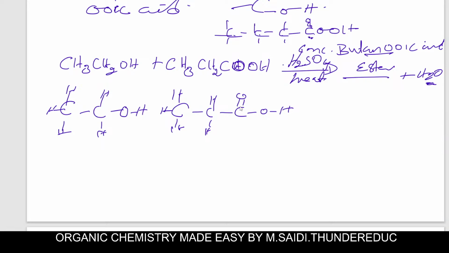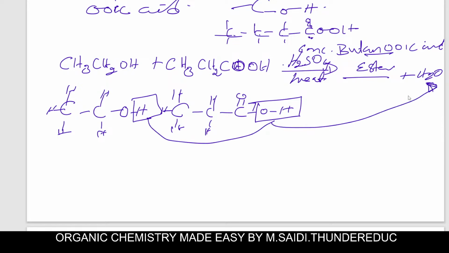A carboxylic acid will lose the OH, while the alcohol will only lose the hydrogen. When these two combine, they form water.